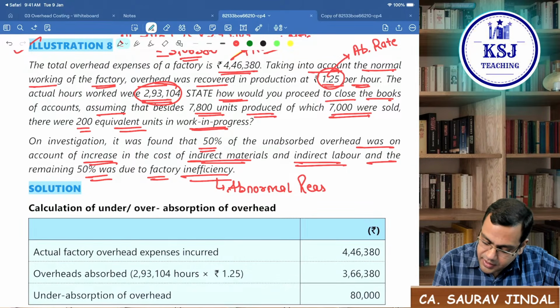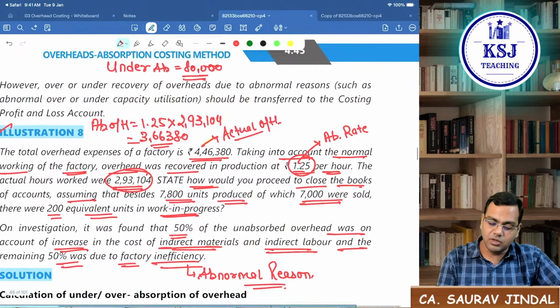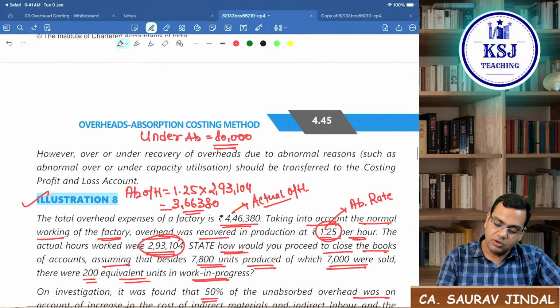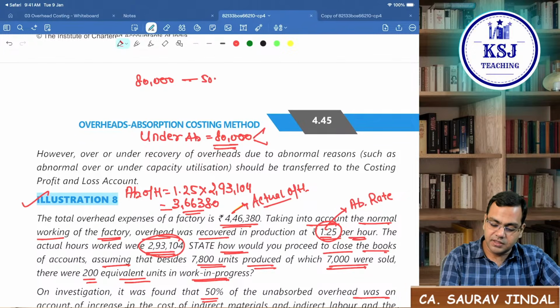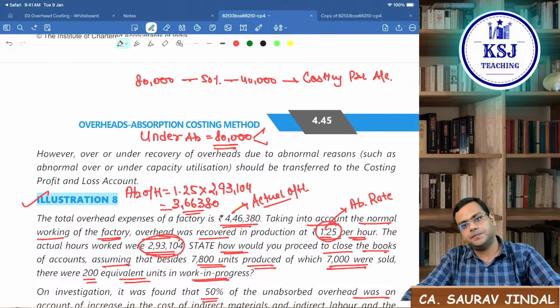Out of this 80,000, 50% means 40,000 will be taken to the costing P&L account.